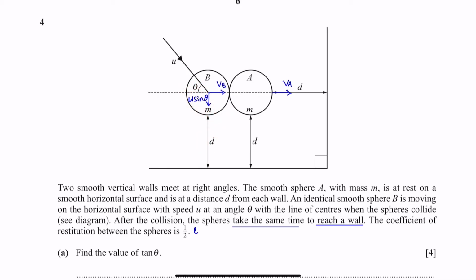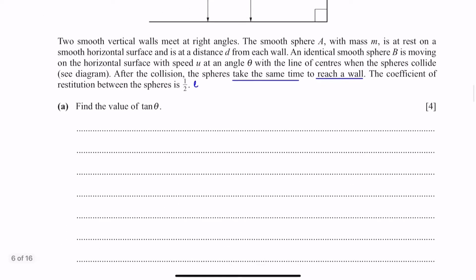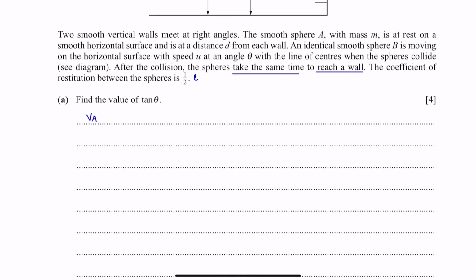So we can start finding VA using two equations. One is VA minus VB equals negative e times UA minus UB. This is Newton's law of restitution.